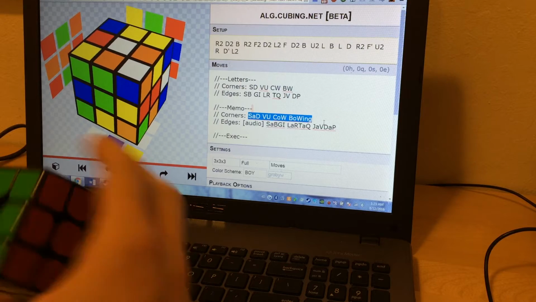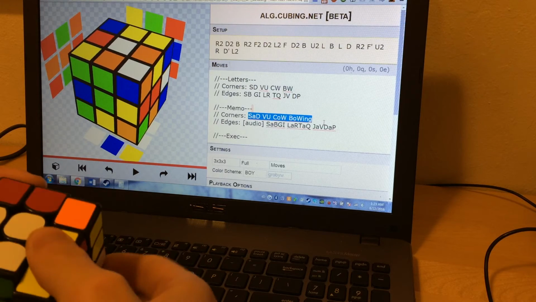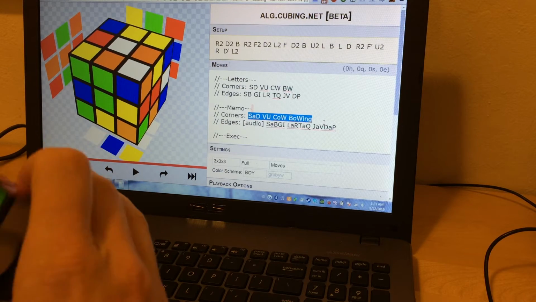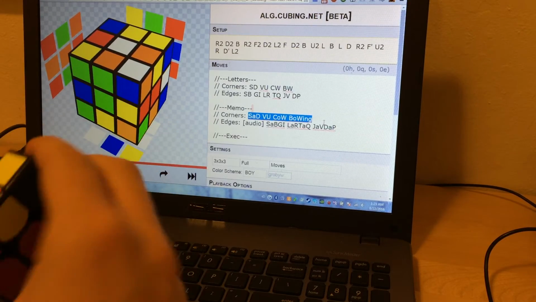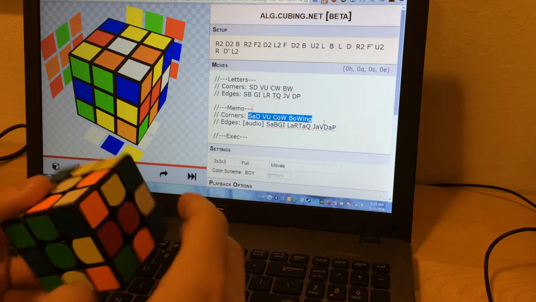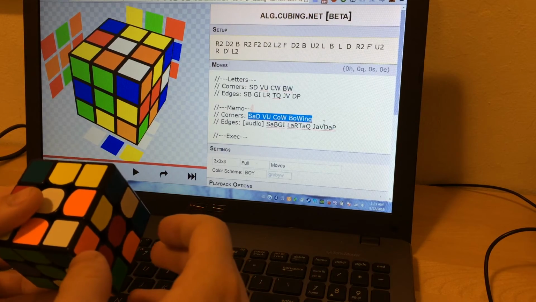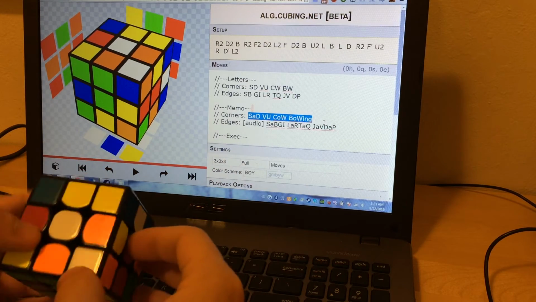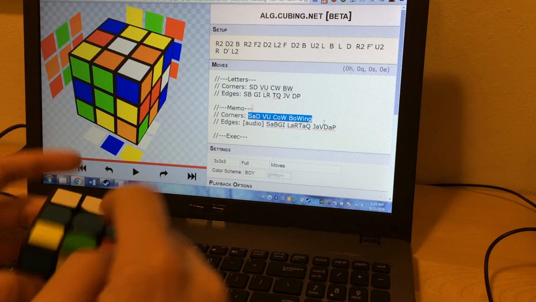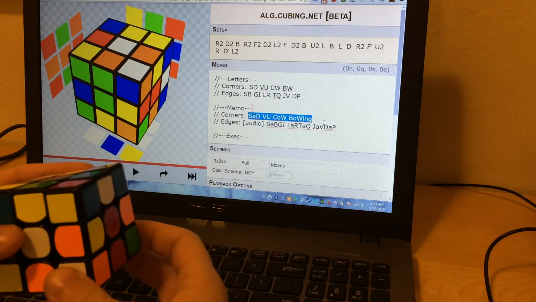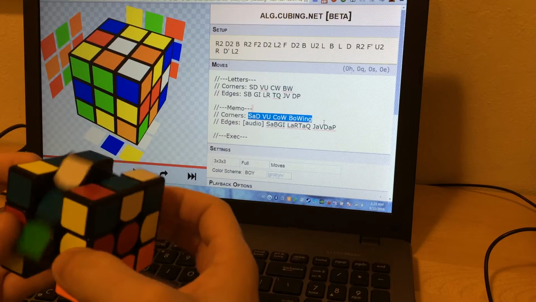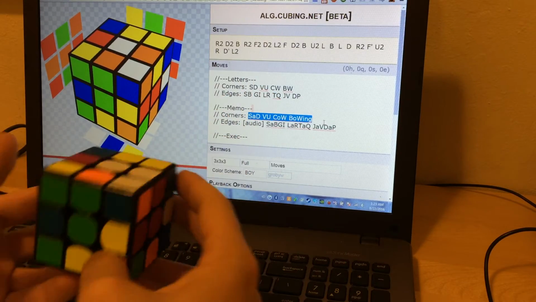So that's that. Now I'll re-scramble and do it with 3Style. So for SAB, we'll actually set B up to S. So we have to interchange S first, like that.